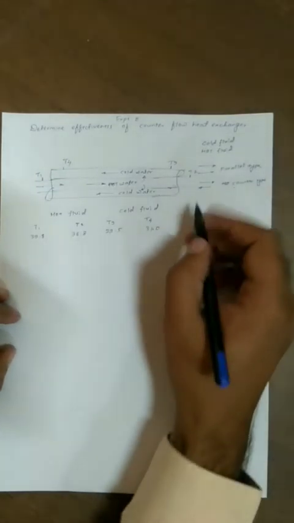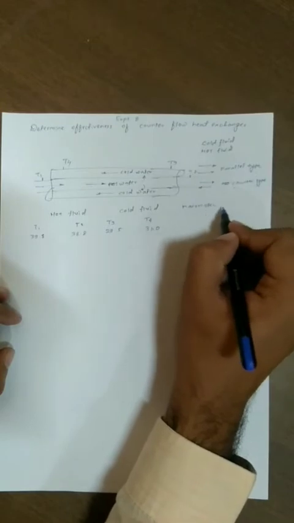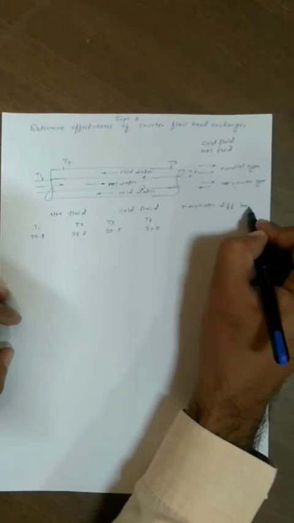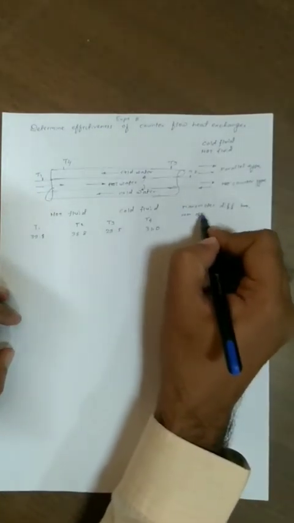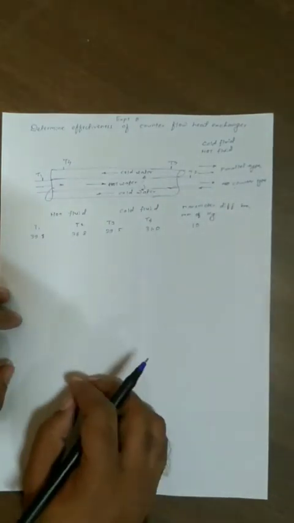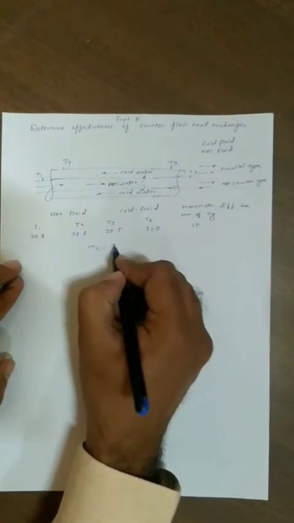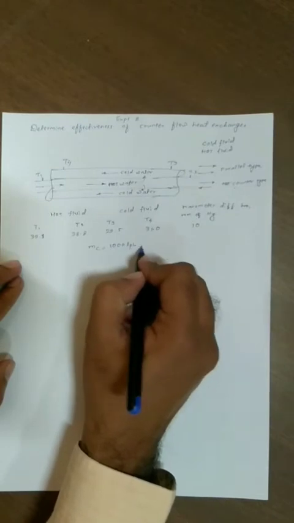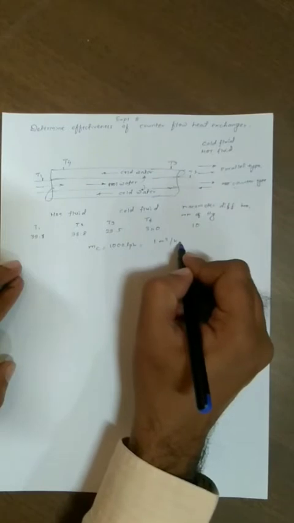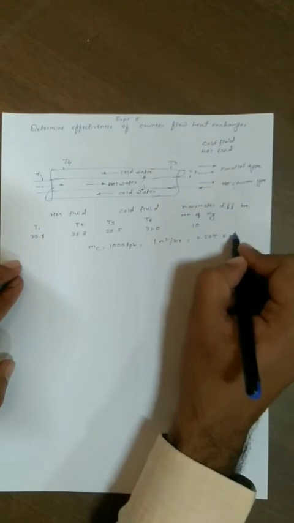Okay? And the manometer reading, the manometer difference height HM in mm of mercury, we have recorded 10. The mass flow of the cold fluid is 1000 lph, that is liters per hour, so it will become 1 meter cube per hour, that will become 0.277 kg per second.